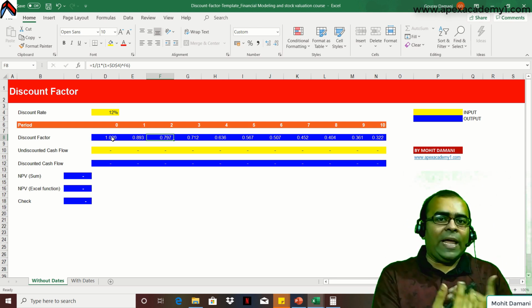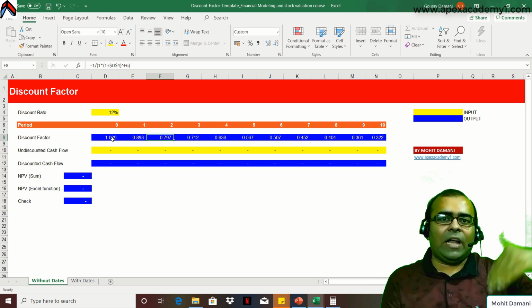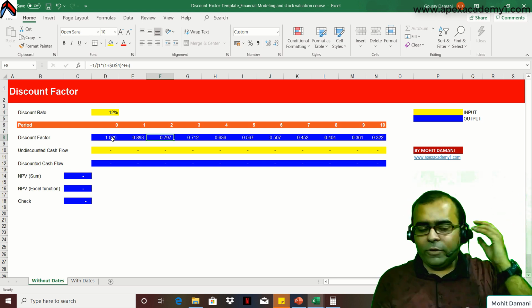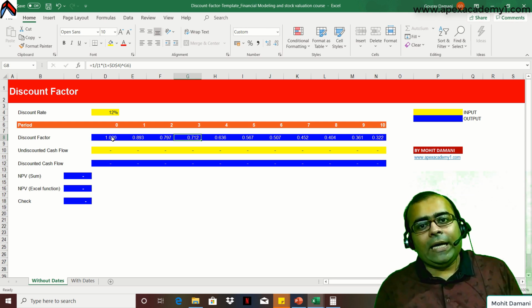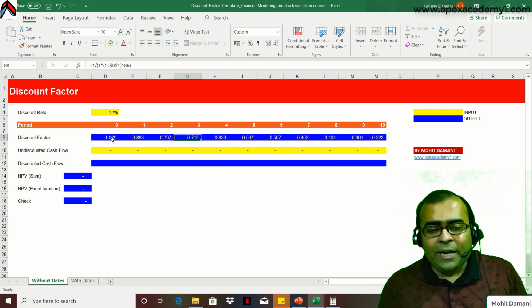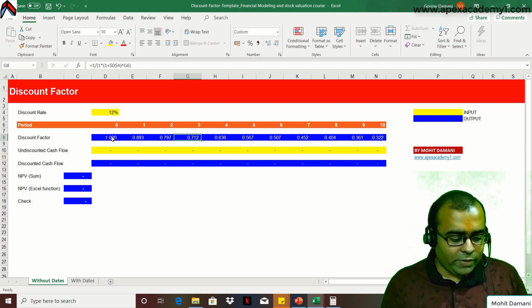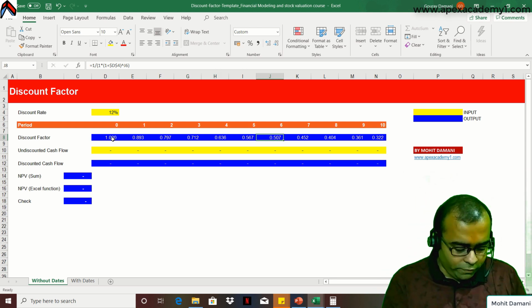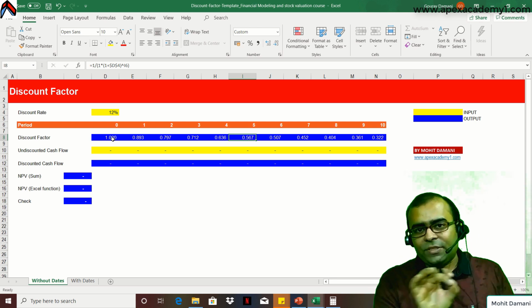Try to apply the unitary method and think it through: if 1 becomes 0.797, how much will X amount, or whatever you want to determine, become? $1 standing at the end of the third year becomes how much at the 0th day? Sir, 0.712. Similarly, $1 standing after 5 years becomes 0.567 today.